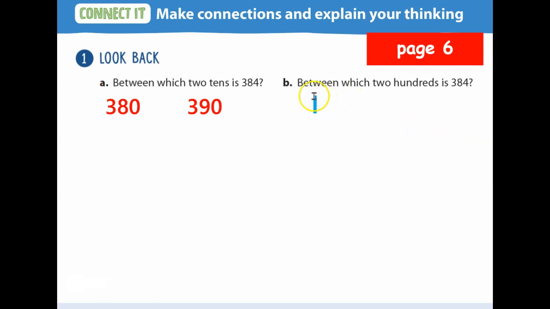And then between which 200s? We just said that. 300 and 400. We just wrote them on page 5. All right.